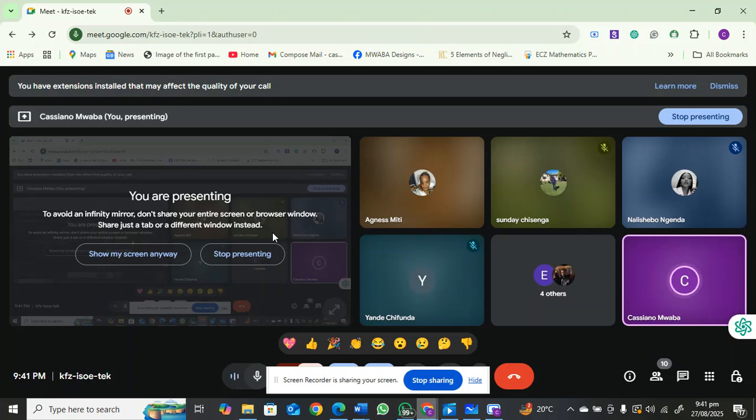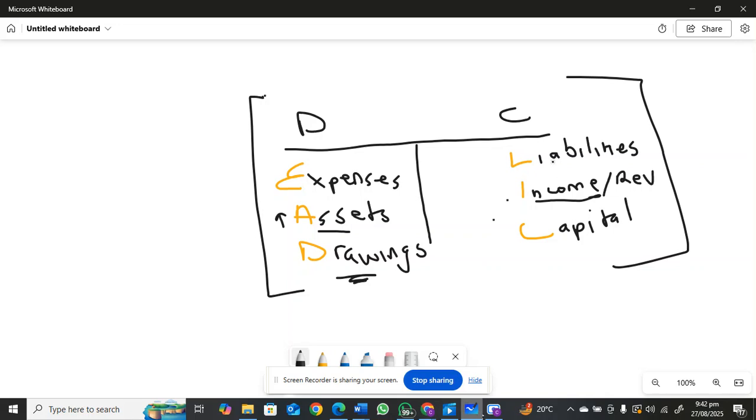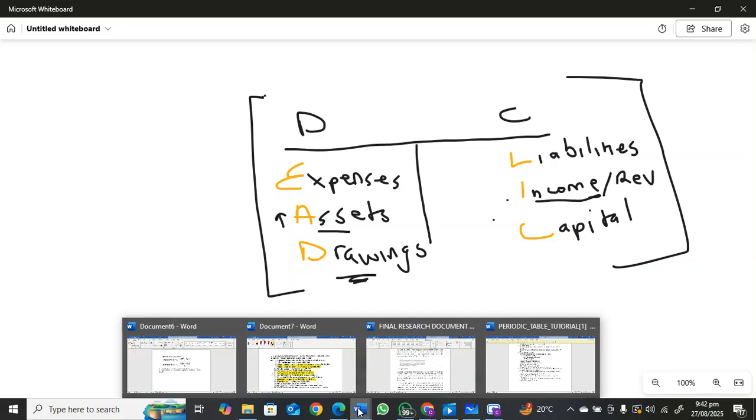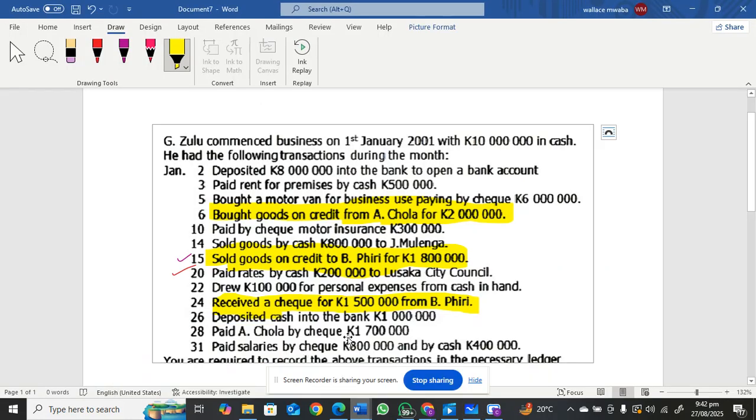Yes, so reduction in a liability, you debit. Remember, liabilities increase with credit, so reduction, debit. Then cash, because we are paying, it was by check. By check, yes. So money is coming out from the bank account. Bank is an asset. Reduction in an asset, you credit. So you're going to debit Chola and you credit bank.